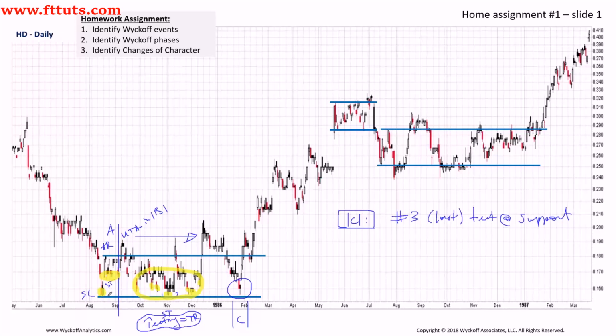So where is the first test? Well, naturally, after the climactic action in phase A, that's number 1, and that's at the support level, even though it comes so high, but it's still testing the local stopping action by selling climax. Test number 2, naturally, will happen in phase B.